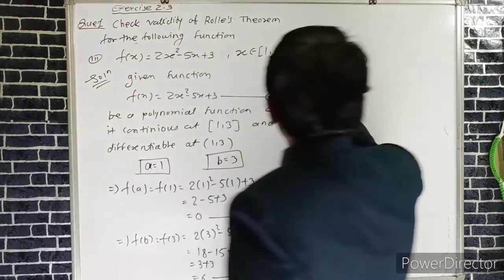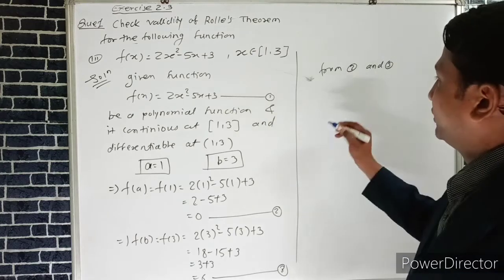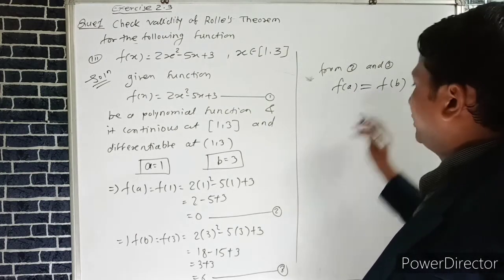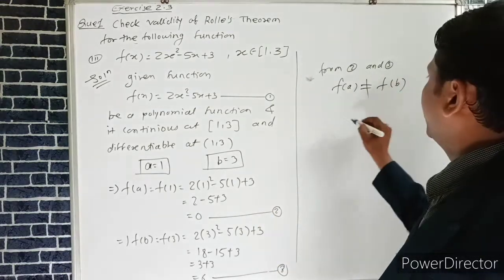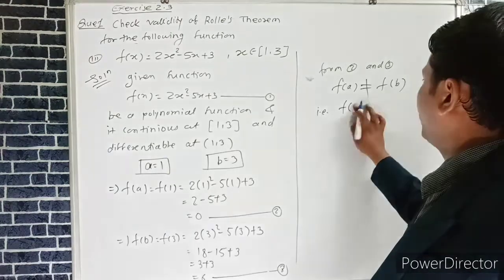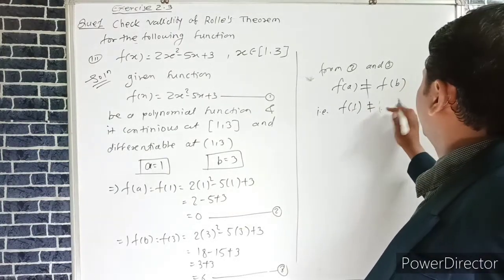But from 2 and 3, we can say that the value of f of a and the value of f of b are not equal. Hence we can write f of 1 is not equal to f of 3.